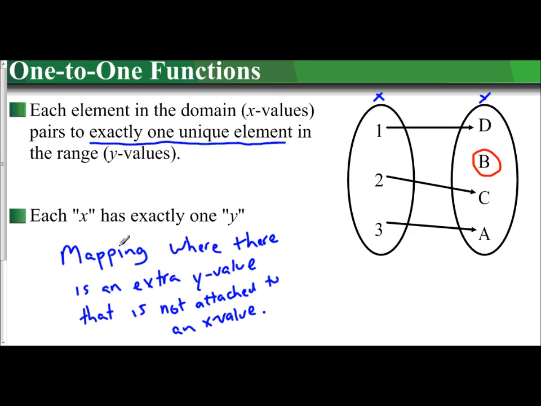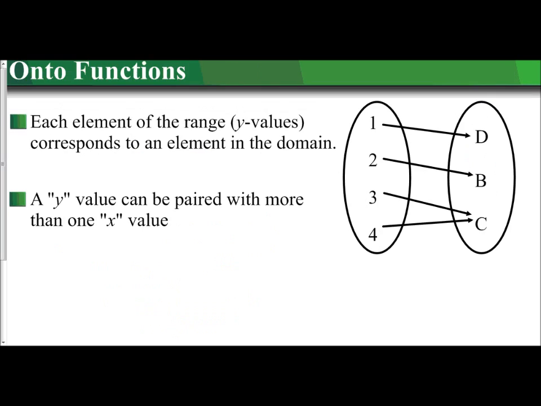Now, an onto function is the next way to describe a function. For an onto function, each element in the range corresponds to an element in the domain. So remember, your range represents the y values. So my range is here. My domain is here. So each element in the range is accounted for. It corresponds to an element in the domain.